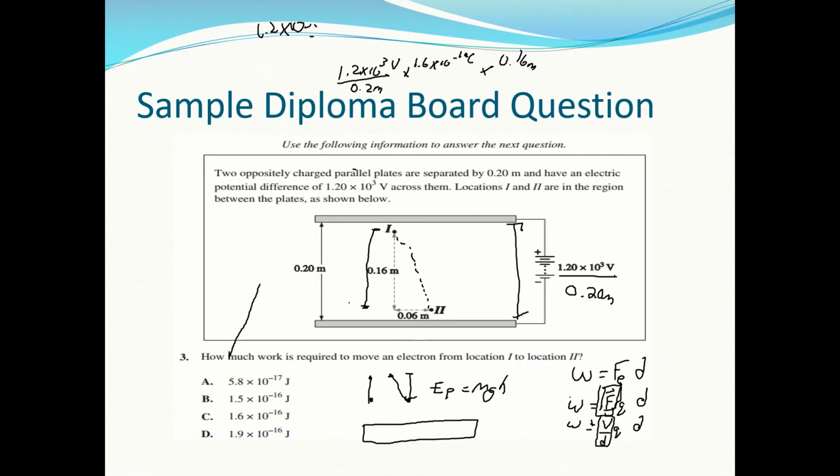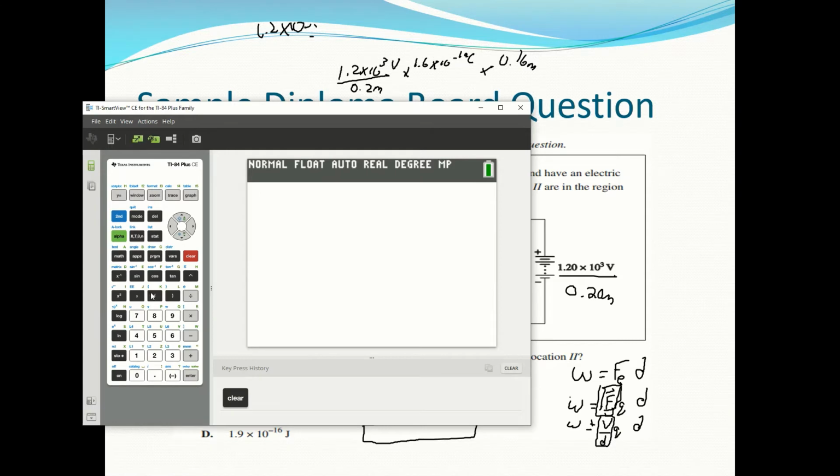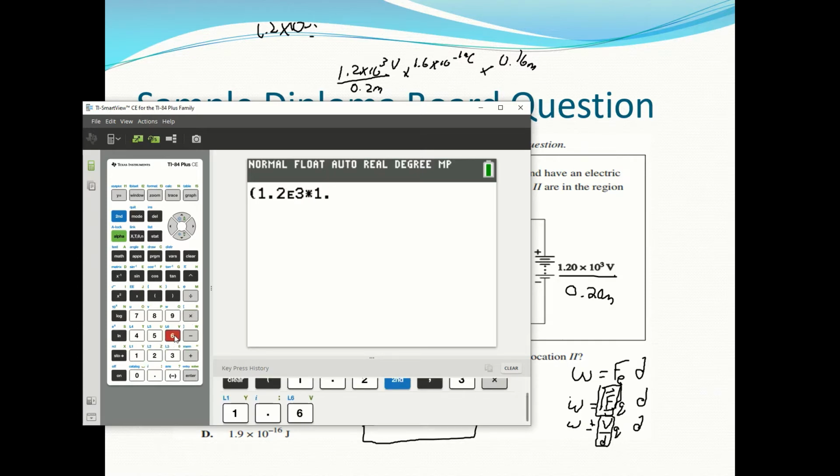So if we plug all of that into our calculator, 1.2 times 10 to the 3, so everything on top, because it's all multiplied, so it doesn't matter, times 1.6 times 10 to the negative 19, times 0.16, divided by 0.2.